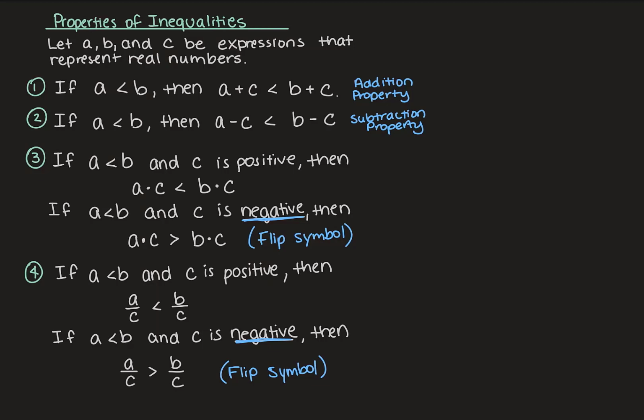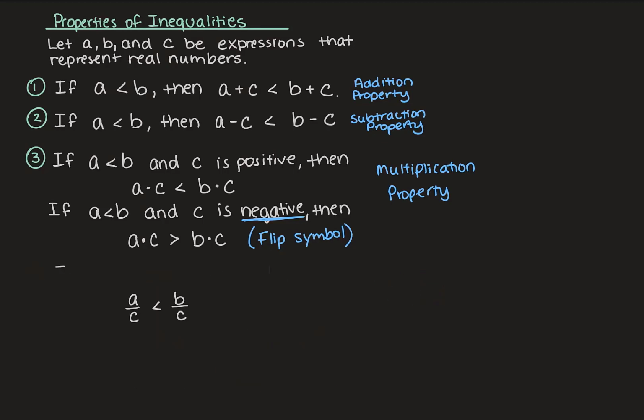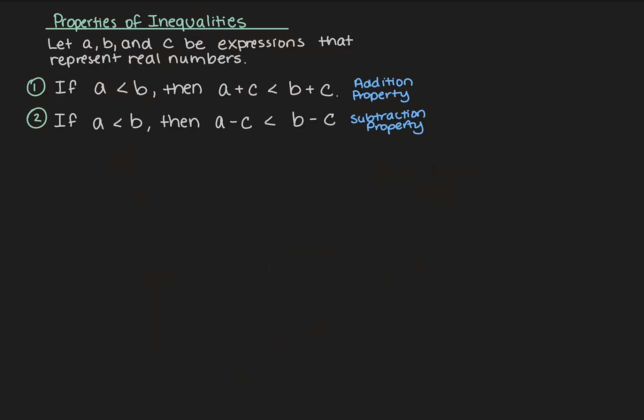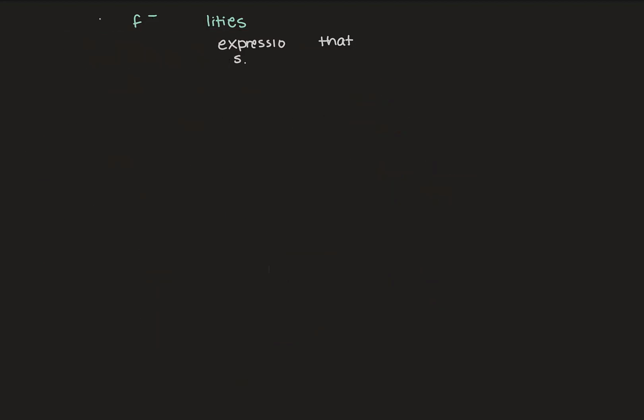So you will only be flipping the inequality symbol whenever we are multiplying or dividing both sides of an inequality by a negative number. Alright, so now let's try solving inequalities using these properties.